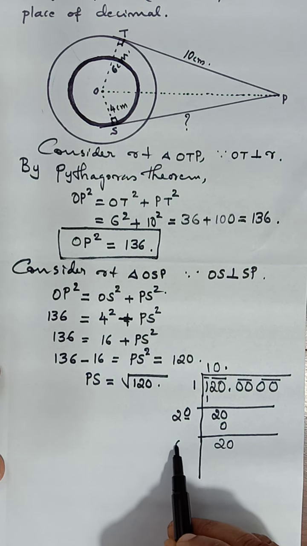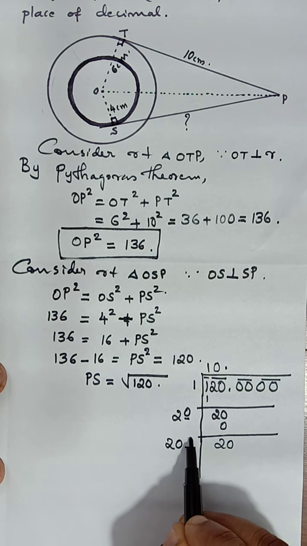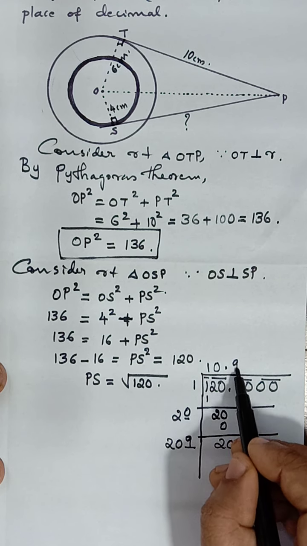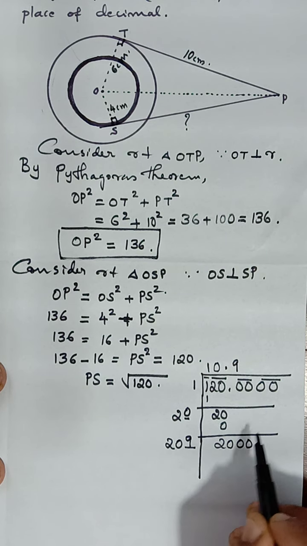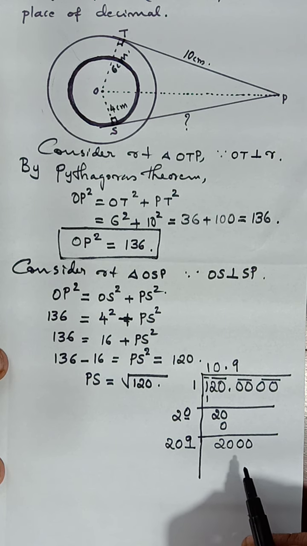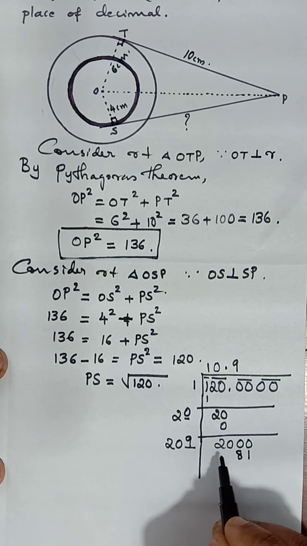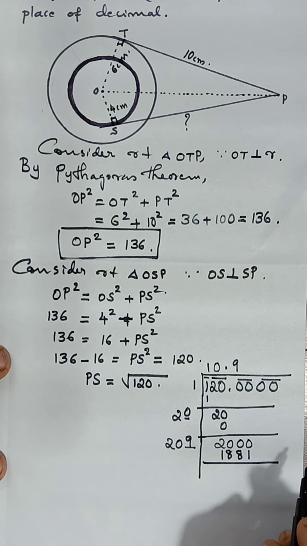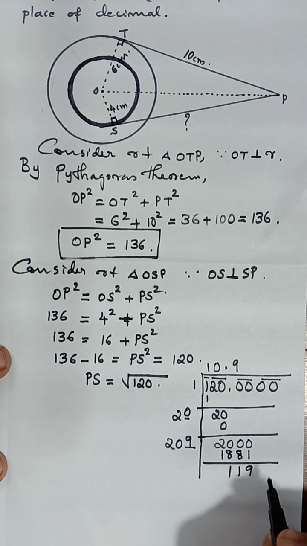Now 0's double is 0 itself. 2 as it is. Choose a number here. What is the number here? Let us choose 9. Check it for 9. 9 nines, so we have to bring down double zeros. 9 nines are 81. Yes, 8 comes. 9 twos are 18. Subtract now, 1881. When you subtract, what do we get? 119.